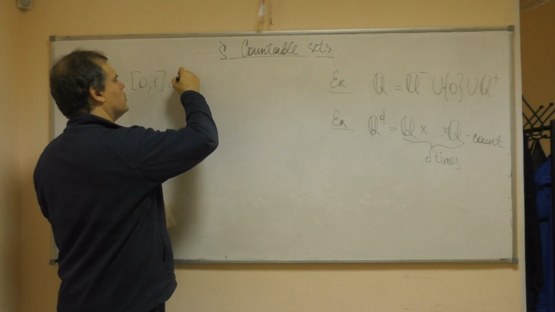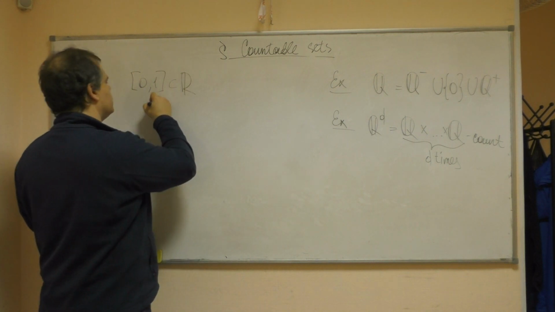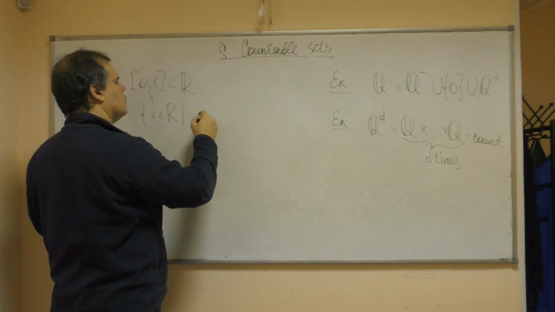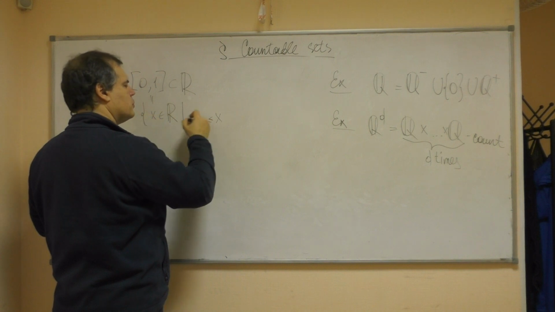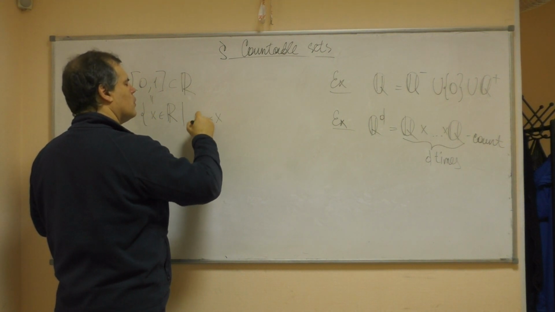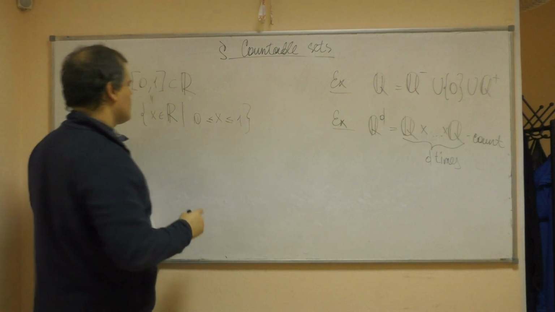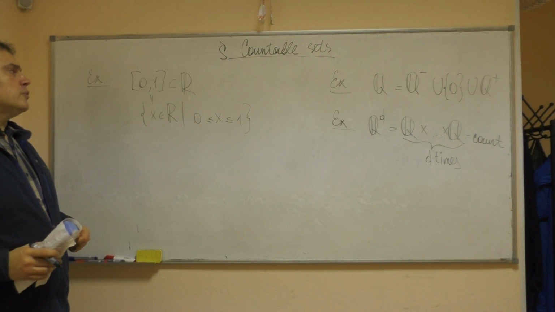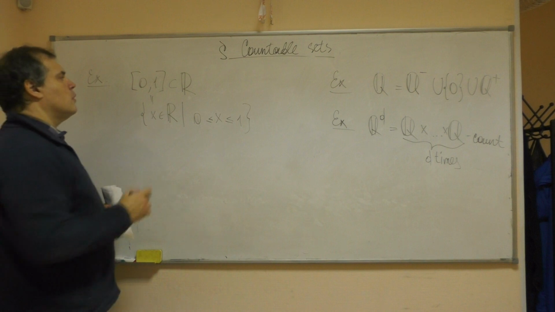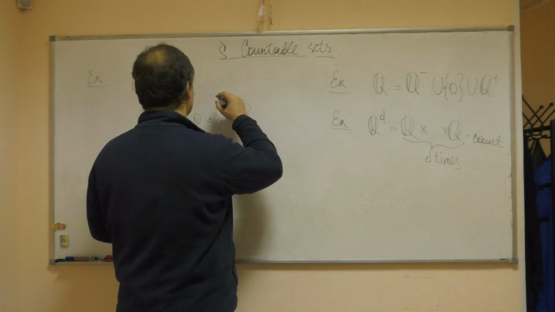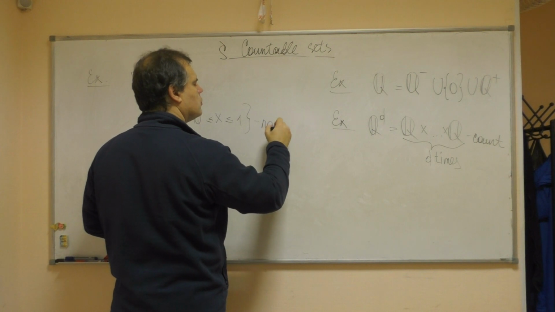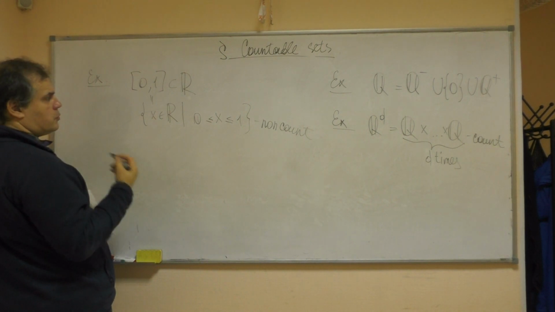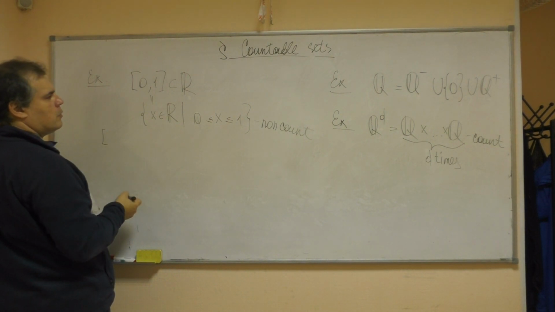So it is a set of all real numbers that are between 0 and 1. And we prove that this set is non-countable. Let's prove it.